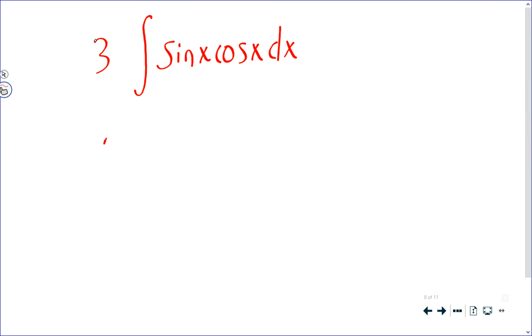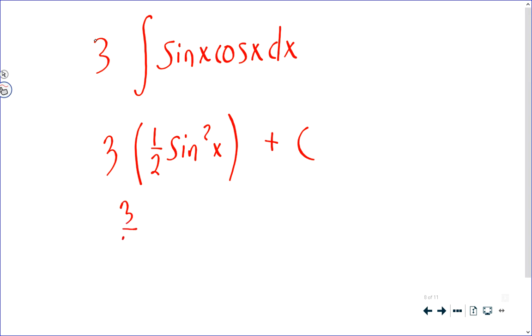I am going to say that the answer is 3 multiplied by 1/2 sine squared of x plus a constant. Now, why is this going to work? Well, let me clean it up a little bit. 3/2 sine squared of x plus c. If we were in class together, I would ask everybody to look at that and see if you could figure out why this is the answer.